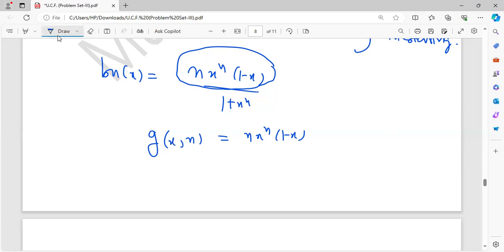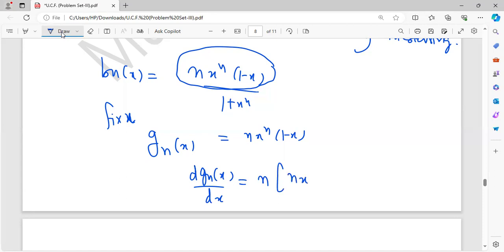Okay. So what is the derivative? So I fix n. Let's say it's gn(x). Fix x. What is the derivative of gn(x)? dgn(x)/dx. You take n x to the power n minus 1 (1 minus x) minus x to the power n. Okay.